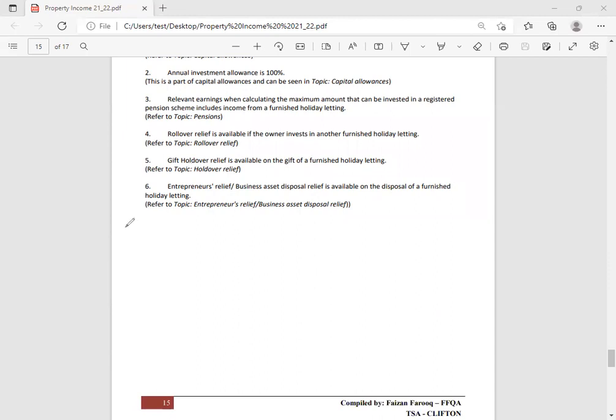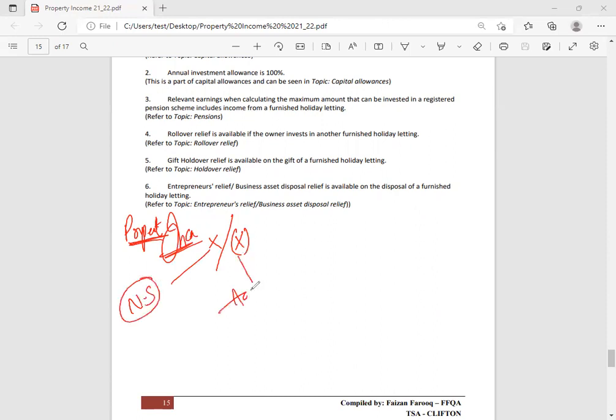Just see. Property. We have, let's say, property income, or negative, meaning loss. Property income goes to non-savings and it's adjusted with other properties. We learned that, right or wrong? Right.